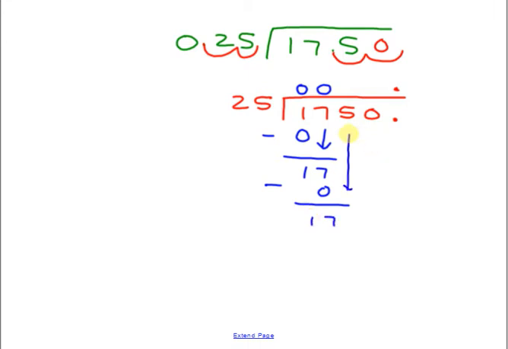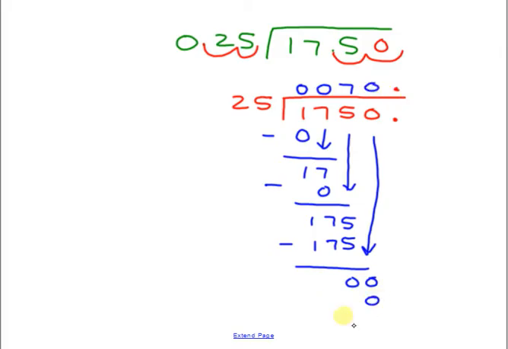Bring down the 5. 25 goes into 175 7 times. Evenly. Subtract. 0, but I have another 0 to bring down. That's very important. So 25 goes into 0 0 times. 0 0. So I can get rid of these zeros in the front, and my answer is 70.